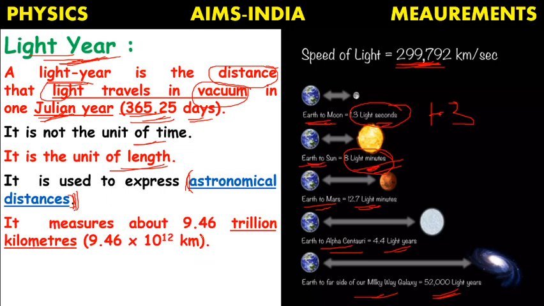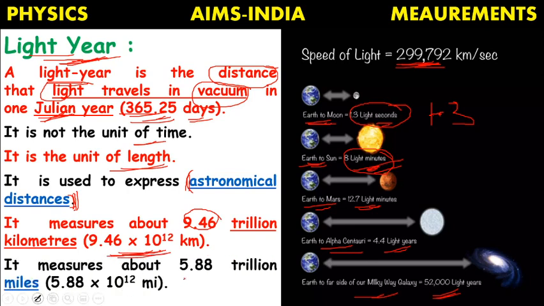One light year is approximately 9.46 trillion kilometers, or 9.46 into 10 power 12 kilometers, or in terms of miles, 5.88 trillion miles. So here the light year is a practical unit used for measuring astronomical distances.